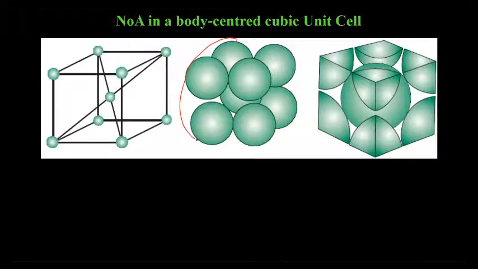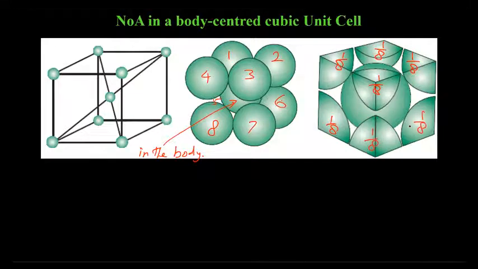Now, this is in reality what it will look like. It is closer to what it should look like. There are corners 1, 2, 3, 4, okay? And then the fifth one will be behind it, which is not visible, 5, 6, 7, 8. This one is actually in the body. So all 8 corners will have 1 by 8 each, and at the back 1 by 8, not visible.